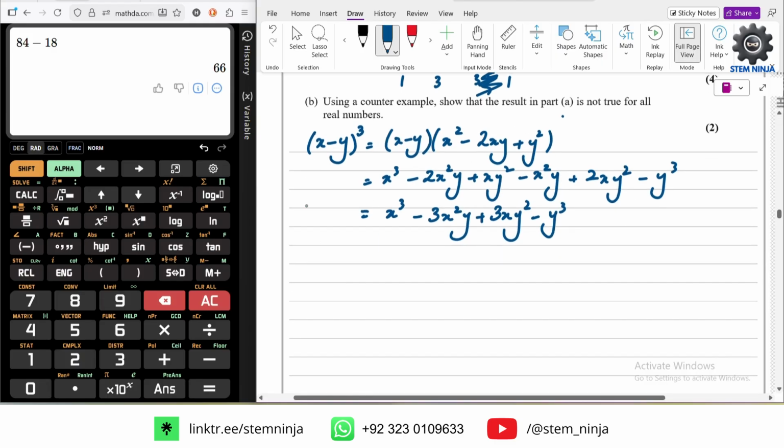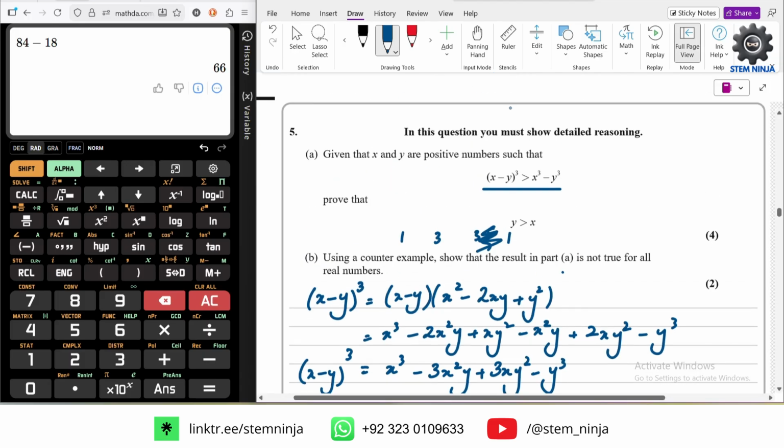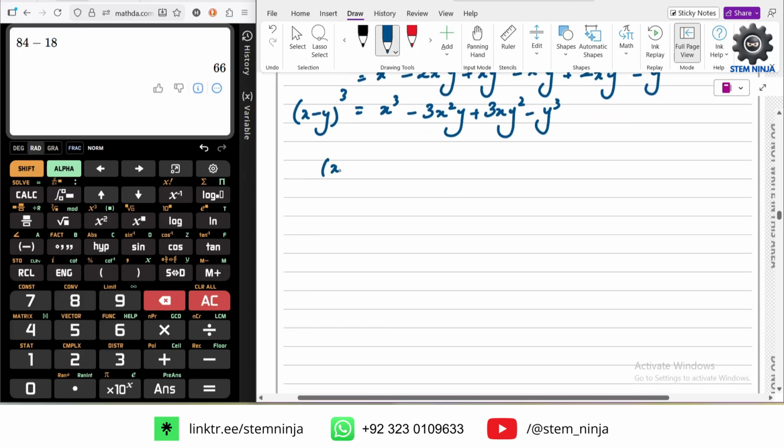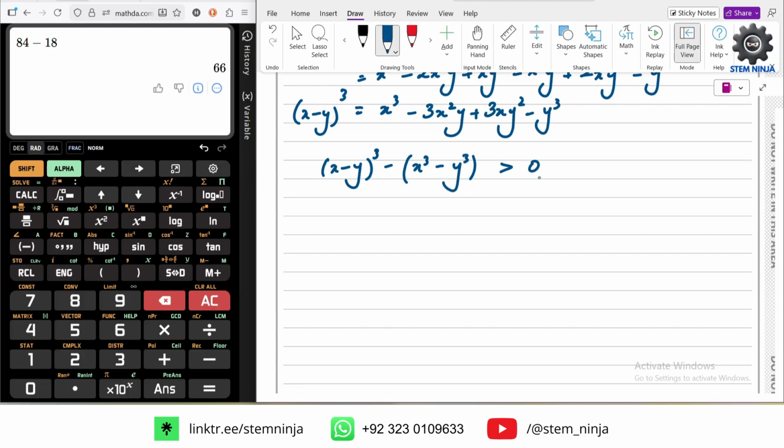Now, since this is the complete expansion for this thing, we need to show that when x minus y cubed is greater than this, y would be greater than x. So when we examine this, they're saying that x minus y cubed minus the sum of x cubed minus y cubed is greater than 0, right?